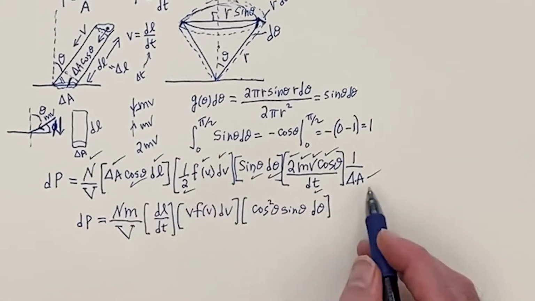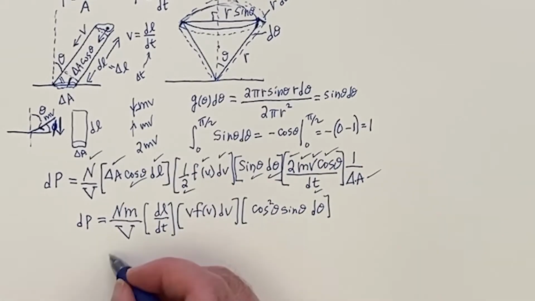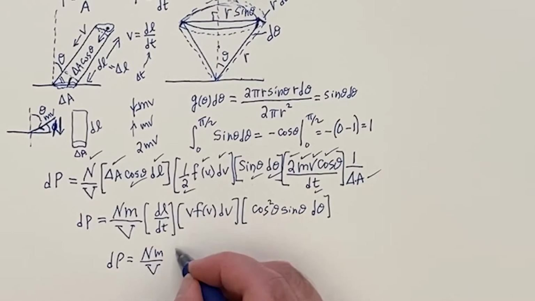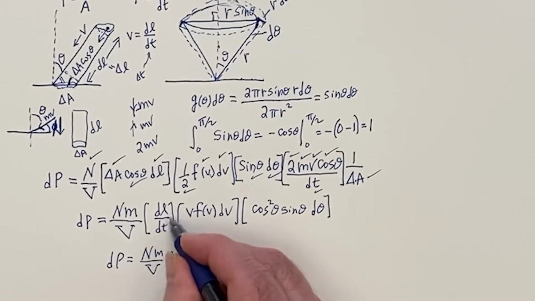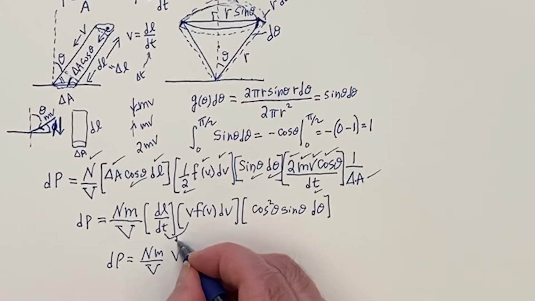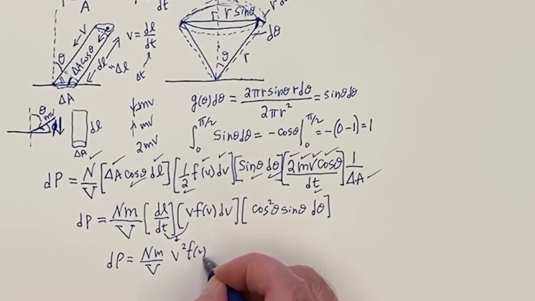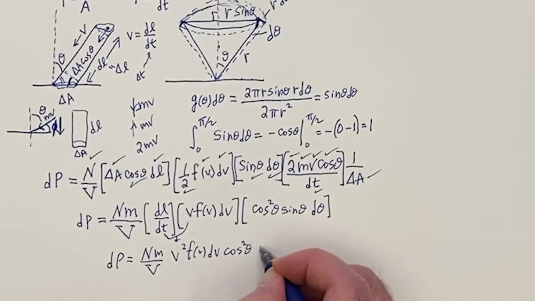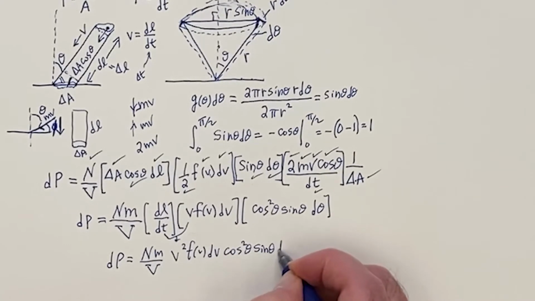So everything's checked off here. So this is what we got. dP then equals Nm over the volume, and that's going to get you a v squared, another v. That's a v, so this is going to get you a v squared. And then here we'll have the cosine squared sine d theta.